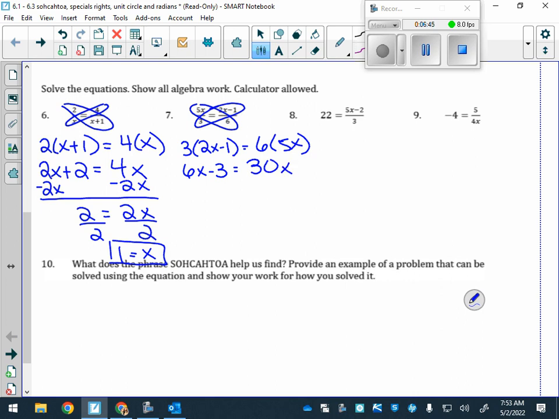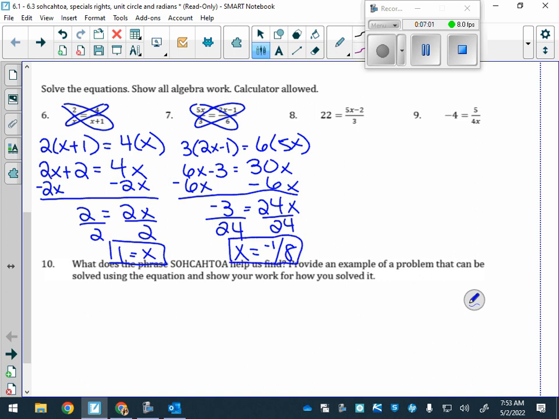We have 6x minus 3. We subtract 6x. Negative 3 equals 24x. Divide by 24. X equals, and we can reduce that to negative 1/8. How many of you did get negative 1/8? Good. Now we're still on the front page, Anthony, please.